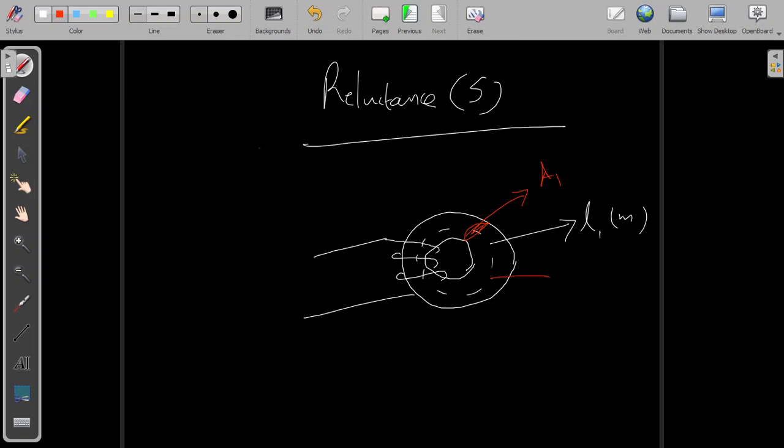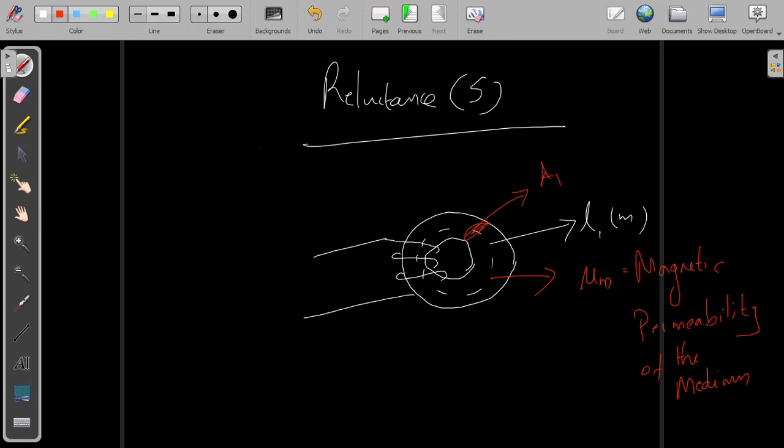And the magnetic permeability of this core, which is made up of some iron or some magnetic material, I'm denoting it as mu m, that is mu m equal to magnetic permeability of the medium.